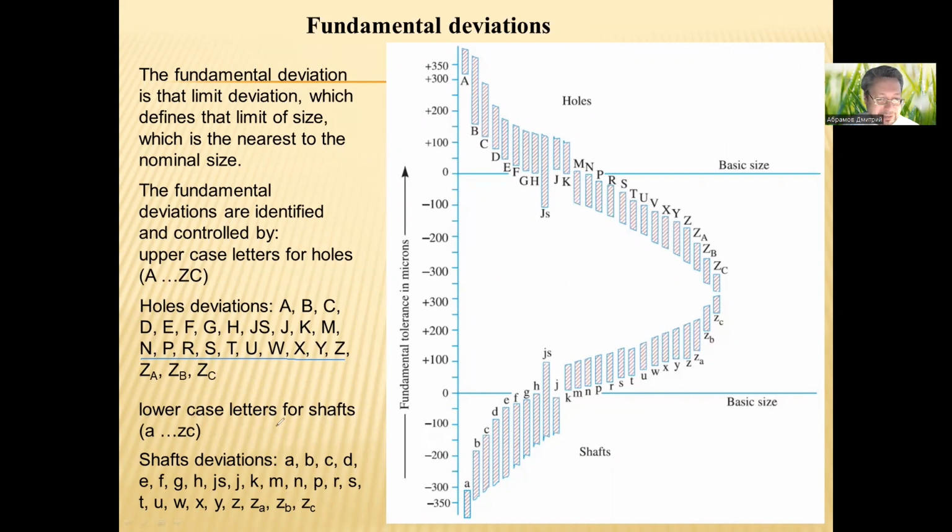Lower case letters are used for shafts, from a to zc. Shafts a, b, c, d, but the letters are small. And you can see on this scheme the tolerance fields and their fundamental deviations for the shaft and for the hole.